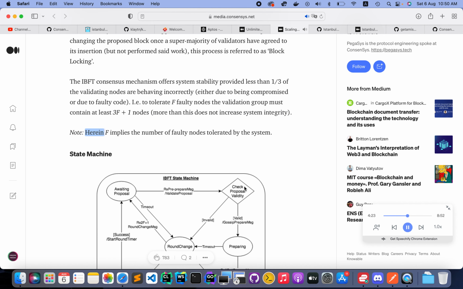Note: herein, F implies the number of faulty nodes tolerated by the system.